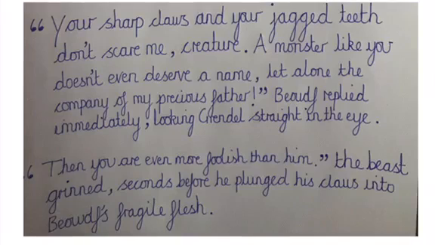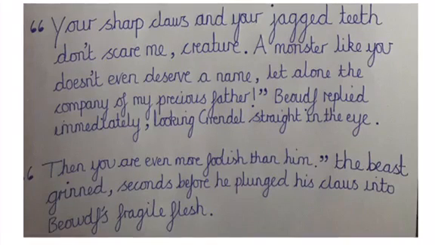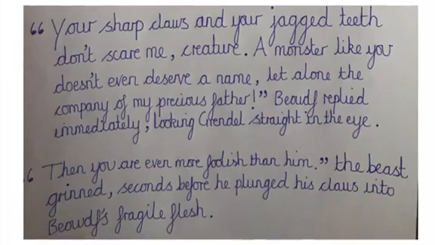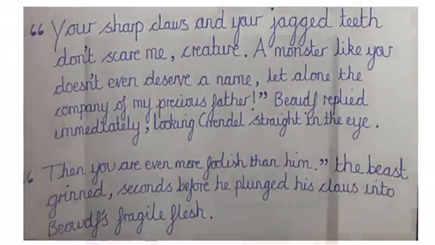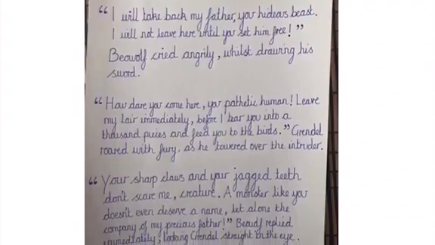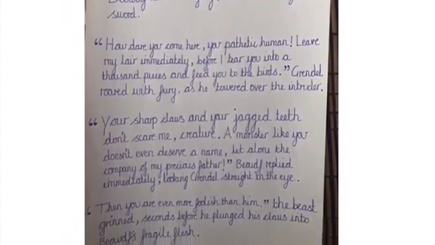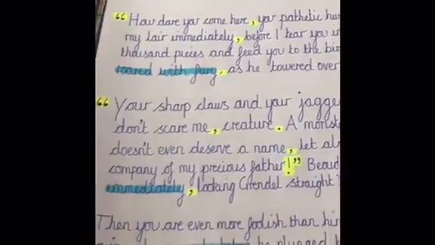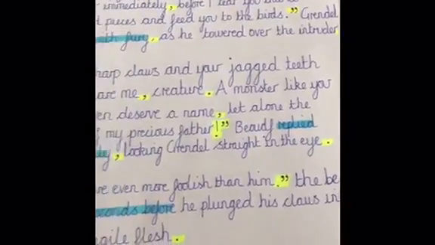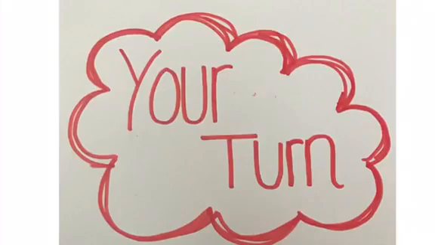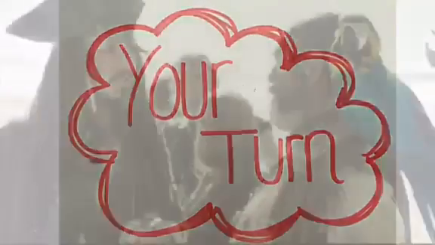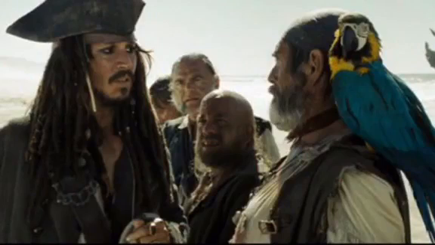And here is the rest of the conversation. Please pause the screen and take a read. Now what you need to do is exactly the same as what I have just done.